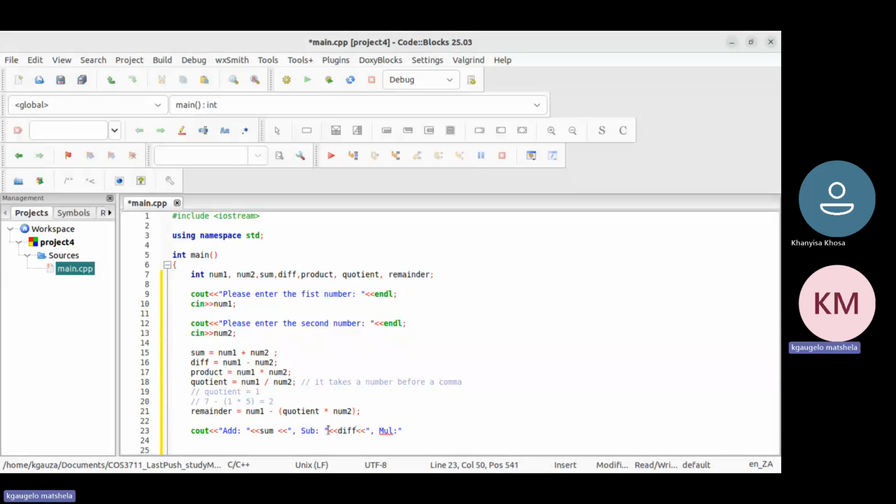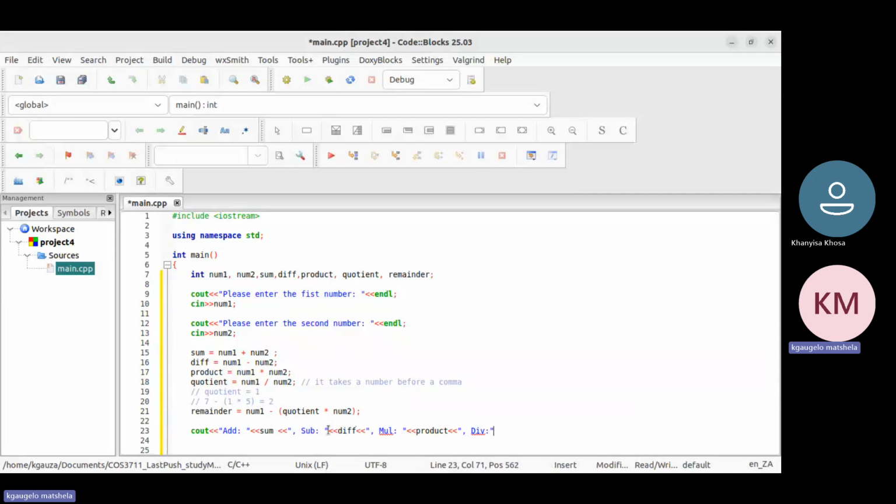So just like this, you see. Here I'm going to represent the multiplication, so I have to put the product. Then I'm going to do it again for the division, which you can call the divisor.